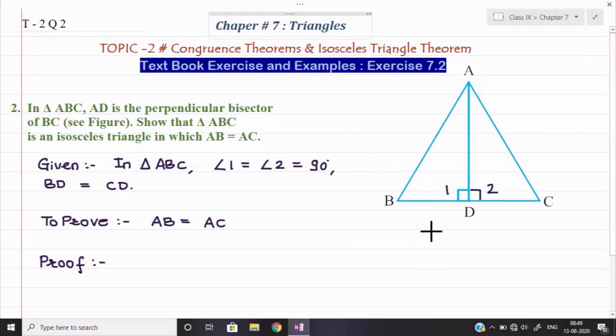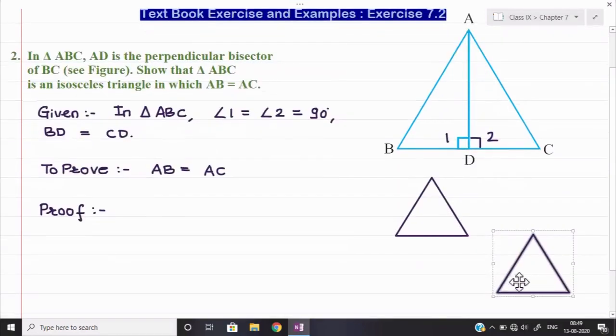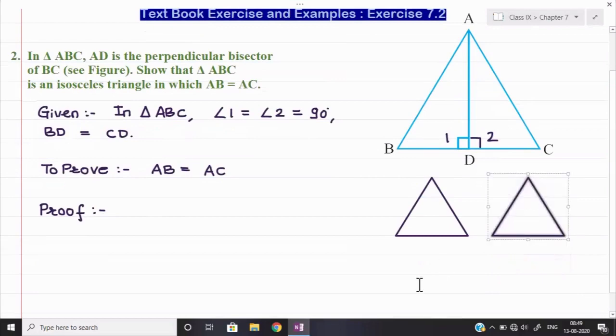So let me draw first of all two triangles. This is my first triangle, and adjacent to that I will draw one more triangle. Now what would be the name of these two triangles? The first triangle name I am giving here as ADB.